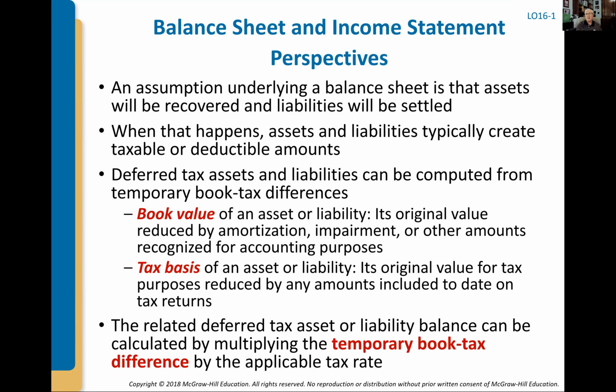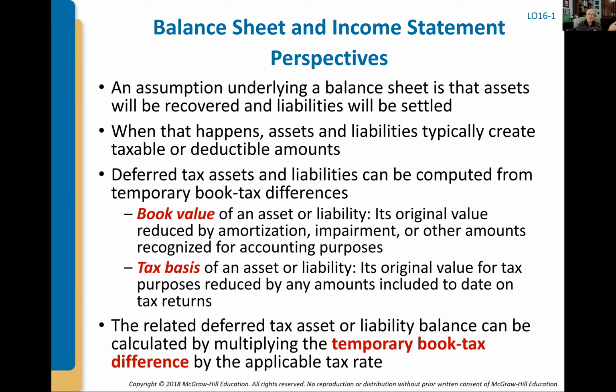What's the tax basis of a warranty liability? They don't have a warranty liability, right? Because it's just cash basis. Whenever you pay it, we give you a tax deduction. So there's no liability for future claims on the tax basis. So the tax basis of a warranty liability is 0.